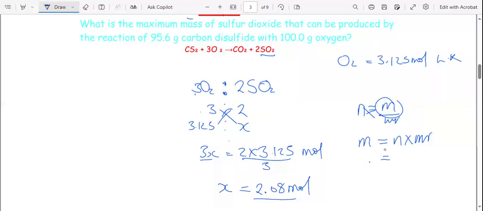So the moles we have found is 2.08 times the molar mass of sulfur dioxide. If you do that on your periodic table, 16 times 2, then sulfur there, you'll be able to find your molar mass as 64.